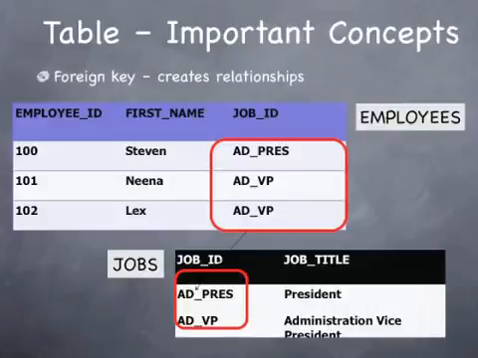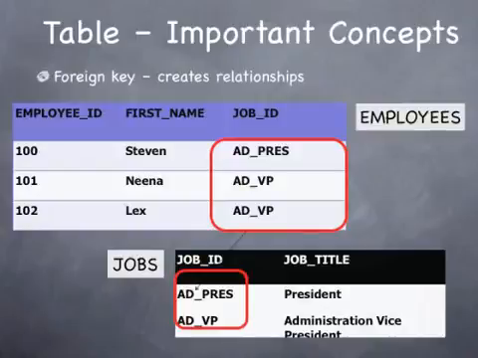The employees table contains the details of employees of the company. The jobs table describes the different jobs in the company. The jobs table has two rows. The first row describes the job where the ID is AD_PRES and the title is President. The second row describes the job where the ID is AD_VP and the title is Administration Vice President.